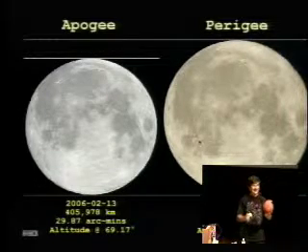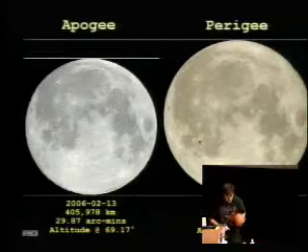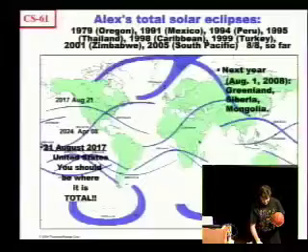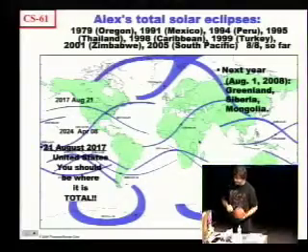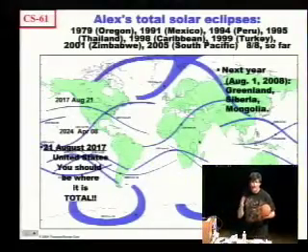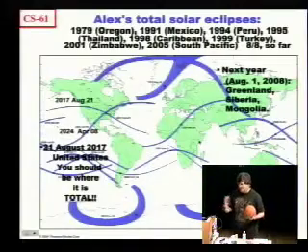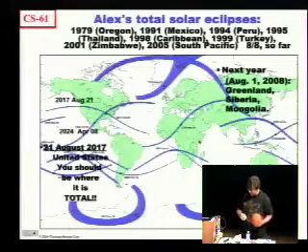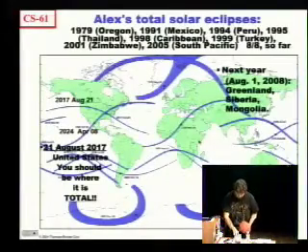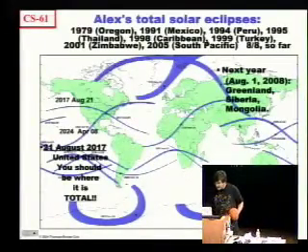So you get wide paths when you have the moon relatively close to us and narrow paths when the moon is relatively far away. Similarly, you get longish eclipses up to 7 minutes when the moon is close in, and short eclipses when it's farther out. Okay, that explains the differences near the equator.